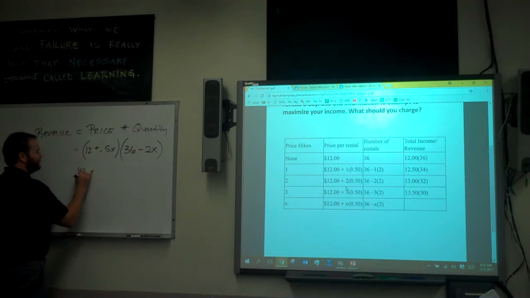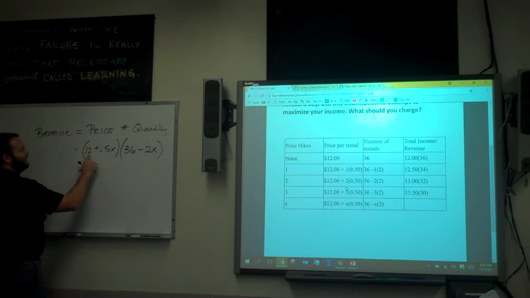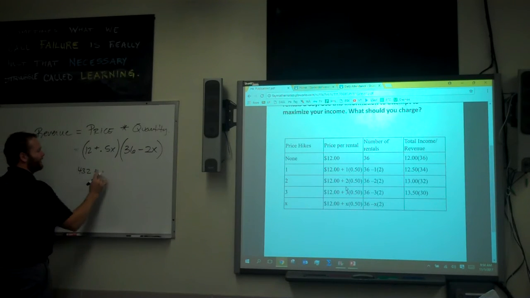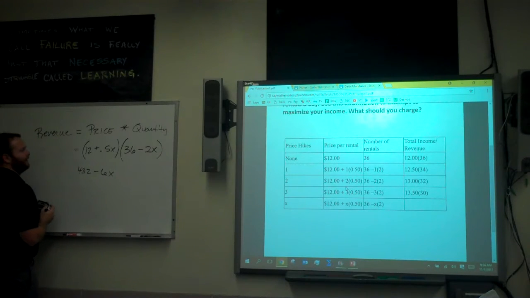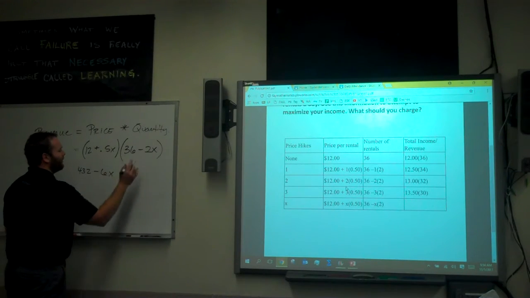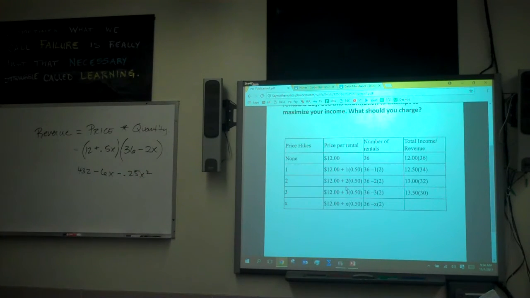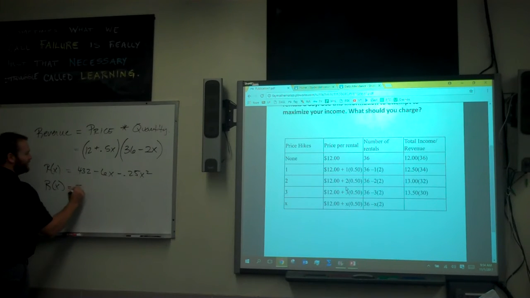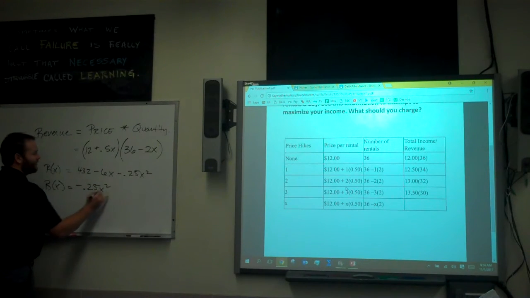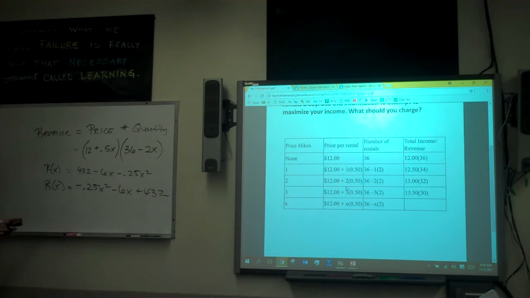We get 432, then 18x, and then negative 24x, so that's negative 6x. And then negative 0.25x squared. Do you agree with that? So my revenue function, R of x, is equal to negative 0.25x squared minus 6x plus 432.